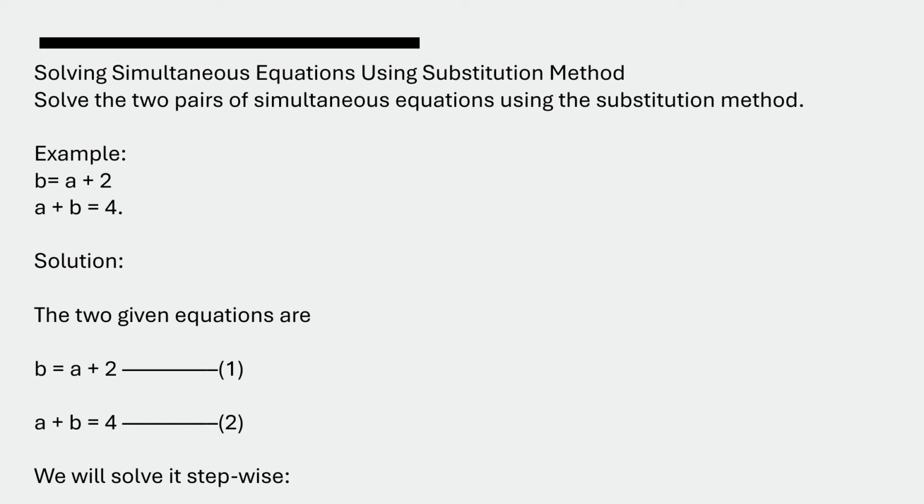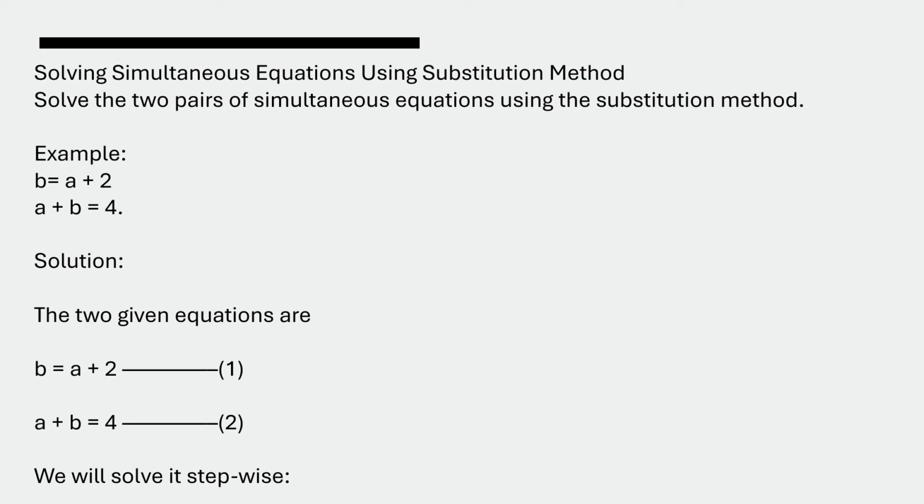Next, we are using the substitution method. How can we use the substitution method to solve these equations? Here we are given two equations. The first equation is b is equal to a plus 2 and the second equation is a plus b is equal to 4.